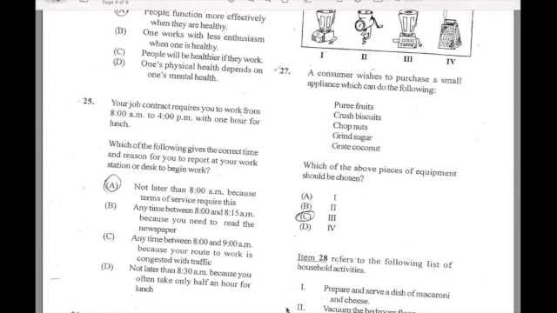B, anytime between 8 a.m. to 8:15 a.m. because they need to read the newspaper. C, anytime between 8 a.m. to 9 a.m. because your route to work is congested with traffic. And D, not later than 8:30 because it often takes only half an hour for you to eat your lunch. So if your answer is A, then you are correct.